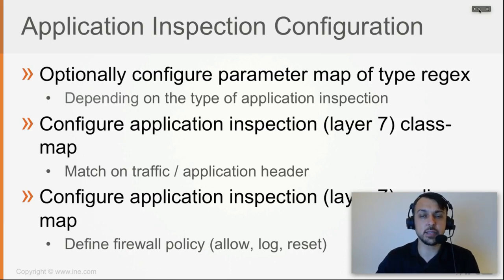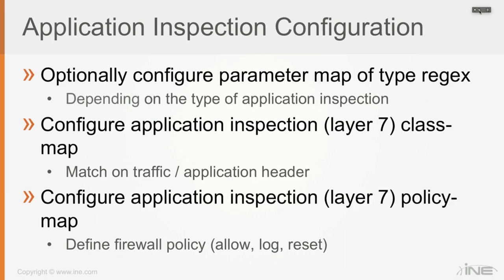As you're going to see in a couple of examples, you cannot do deep packet inspection without performing regular firewall inspections. I hope that makes sense. So as you can see here, I just tell the router what action to take if something matches my layer 7 application policy. But with this kind of configuration, I don't tell the router if it should pass the traffic, drop the traffic, or inspect the traffic.